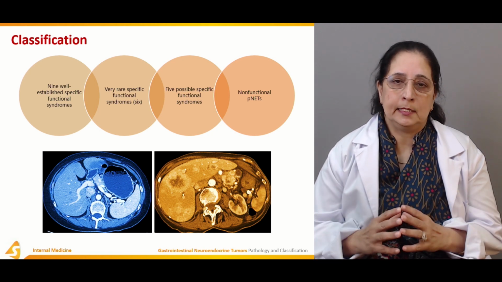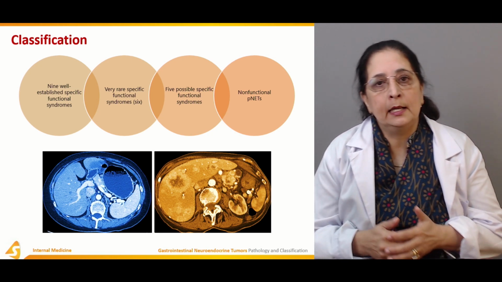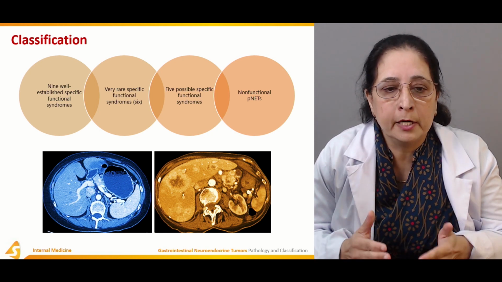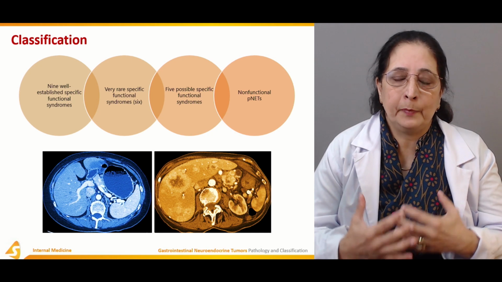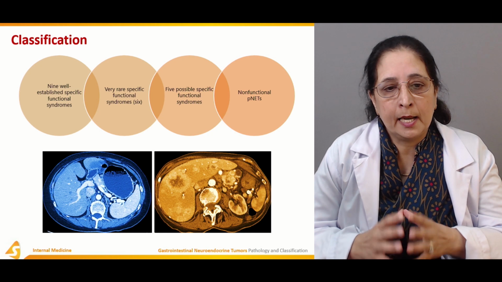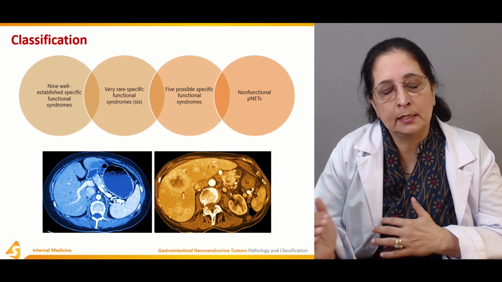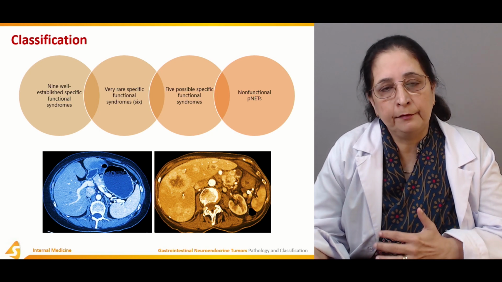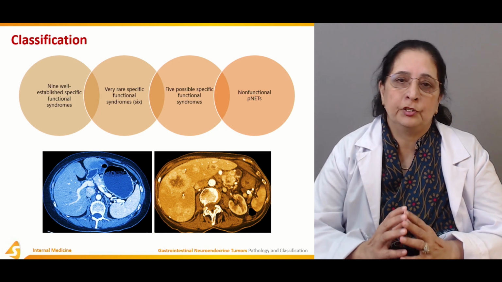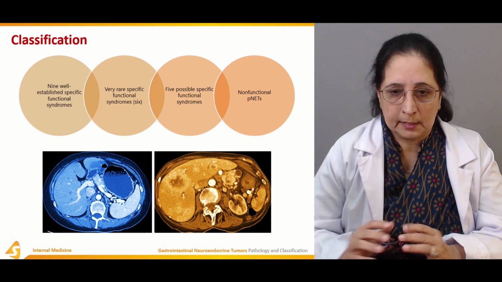So the other classification, besides involvement of the foregut, midgut and hindgut, is according to the presence of specific functional syndromes: if nine are present, if six are present, if five are present, and then no specific functional syndromes, which is non-functional pancreatic neuroendocrine tumors.